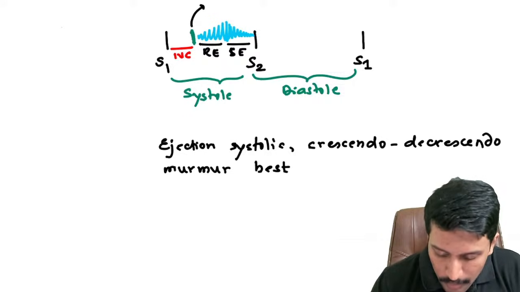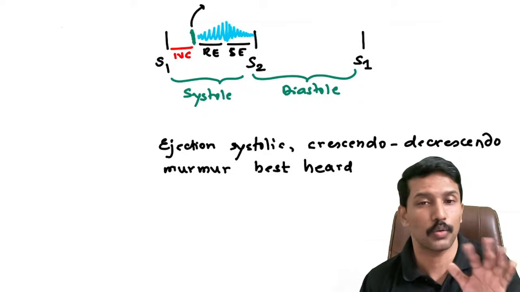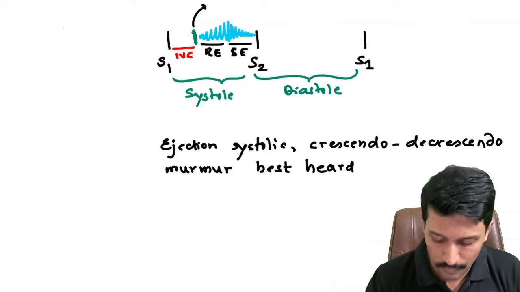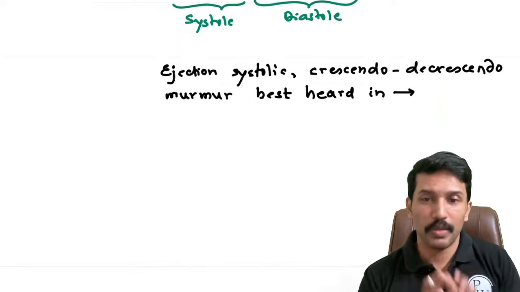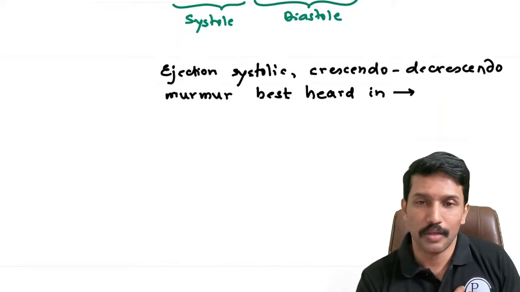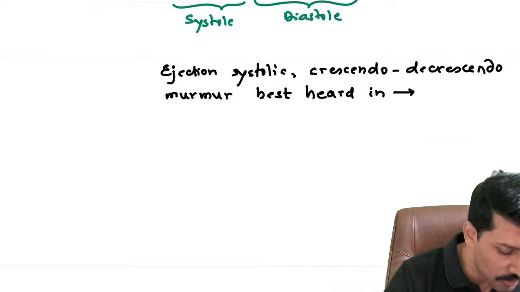In the theory exam, you don't have to write best heard in, but in a practical, they will ask where you will hear the aortic stenosis murmur best. So you know that for every valve, there is a representative area where the murmur is best heard. So can anybody tell me where the aortic area is situated on the chest?